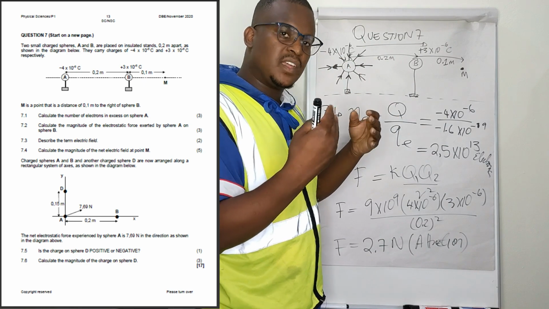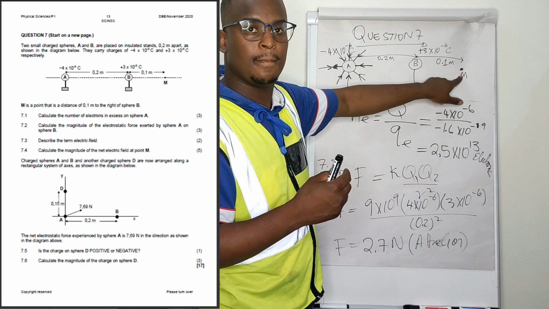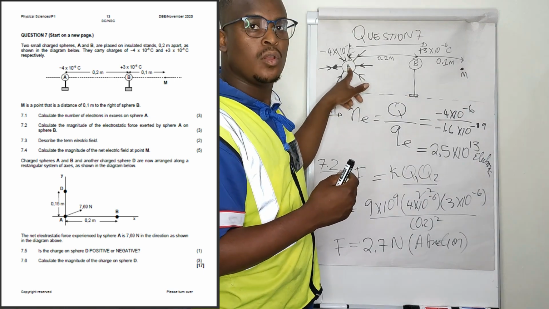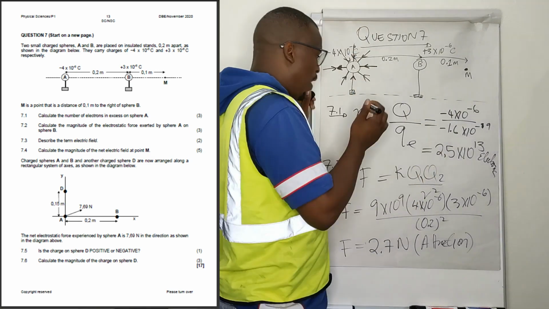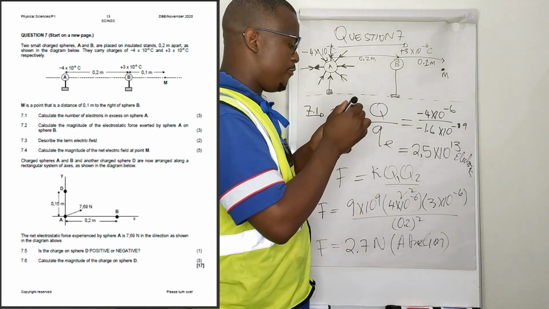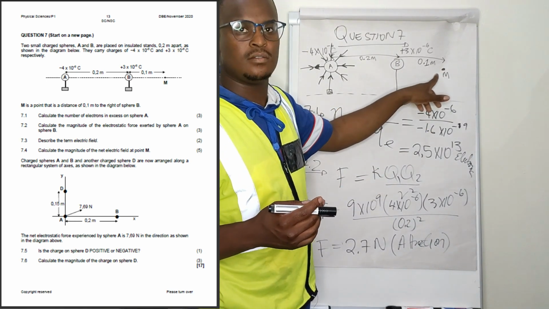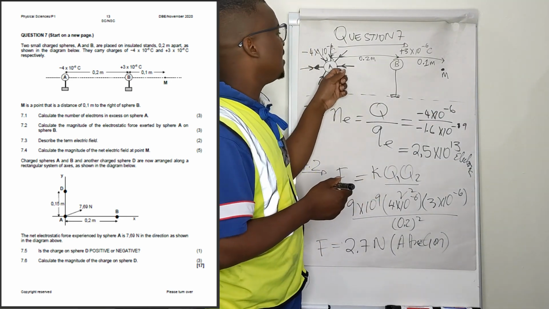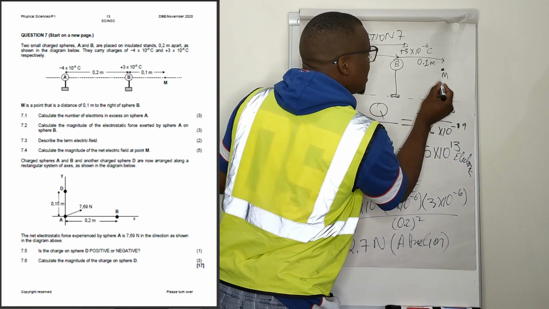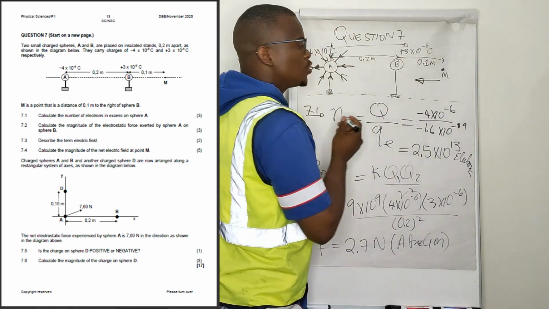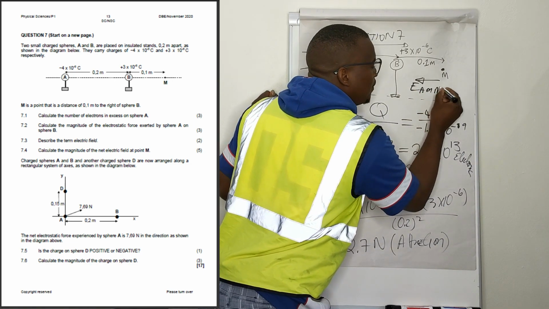So the electric field experienced by M as a result of A will be towards A. If you were to draw a field diagram at A, you would find that the electric field experienced by M as a result of A is in that direction. So this is the electric field of A on M.